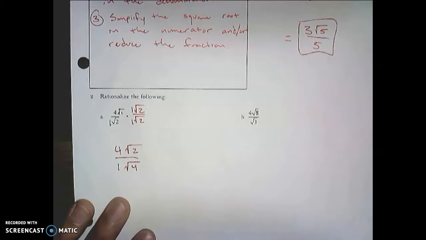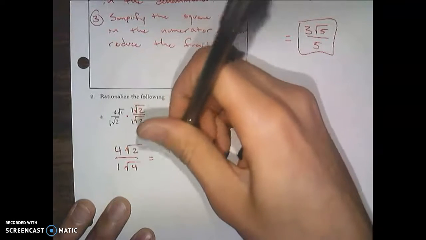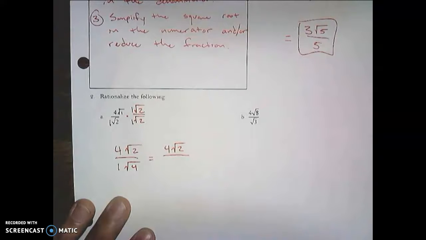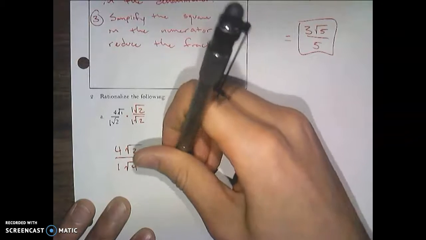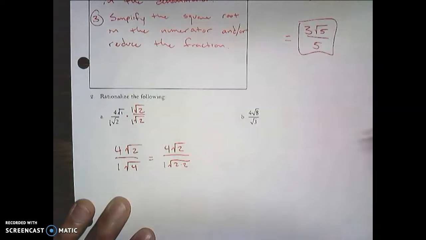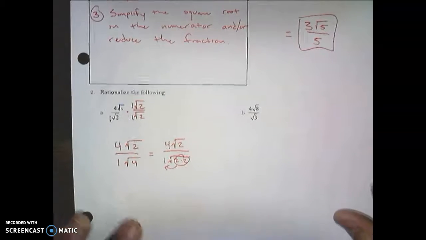Step 2, we simplify the square root in the denominator. So I'm just going to rewrite the numerator, 4 root 2. And then we simplify the square root of 4. So we can break it down. The square root of 4 is 2 times 2. We've got our partners, our pairs, so we can escape the square root jail.